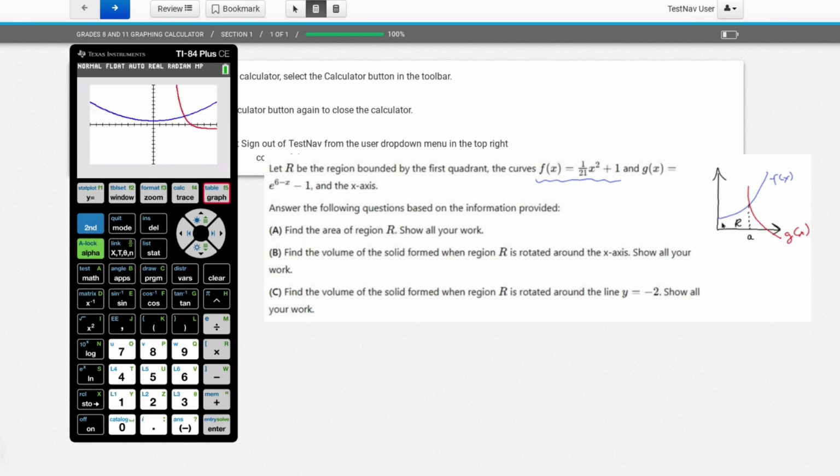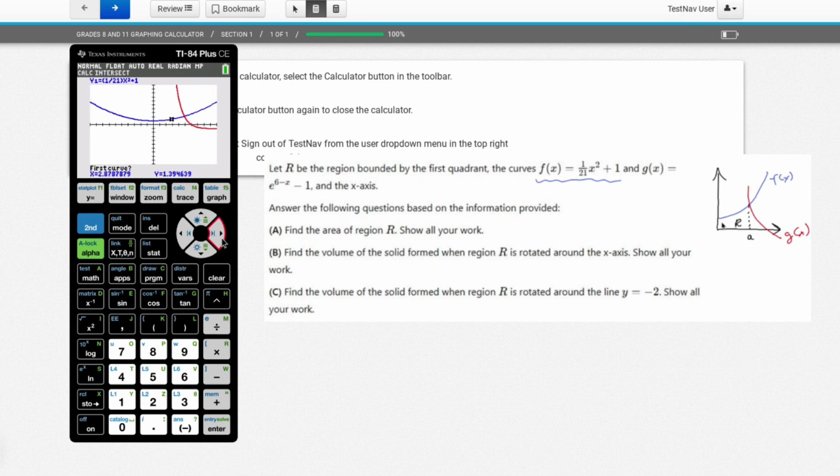All right, let's see what this graph looks like. Okay, so there's the picture that I drew, but a little bit flatter, I guess. So thing number one is I need to find out what that A was. I do that by finding the intersection of the blue and the red. So I'm going to hit second, calc, intersect, so hit 5. Let's move closer to the intersection.